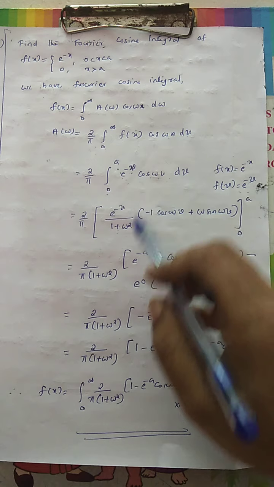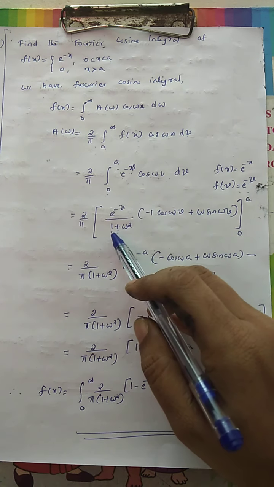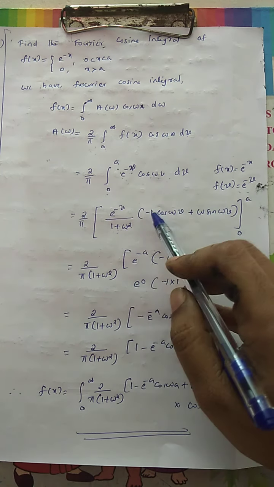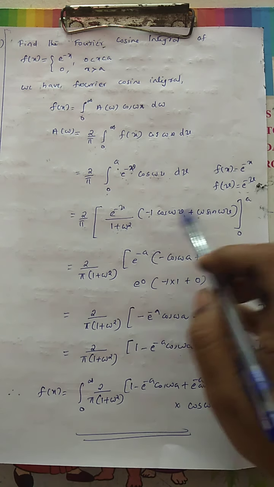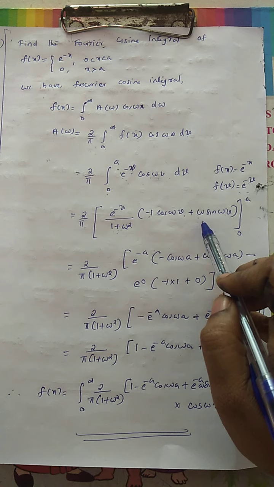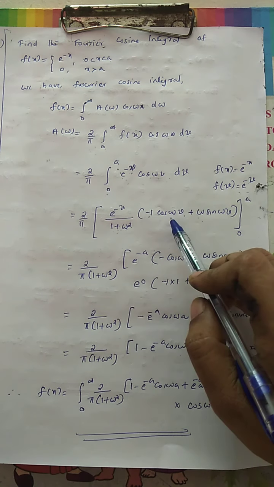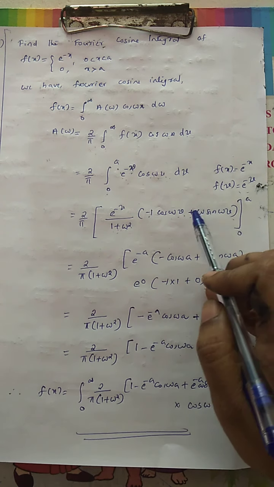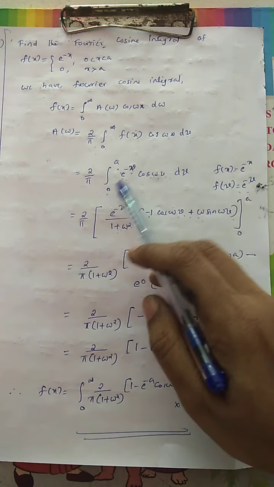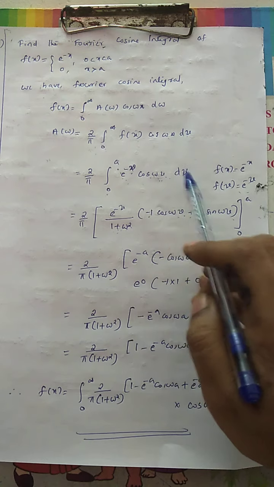So e raised to minus nu, a is equal to 1. So 1 square plus omega square into a cos omega x plus b sin omega is that form. Here we will apply the formula, so you will get minus 1 cos omega nu plus omega sin omega nu.